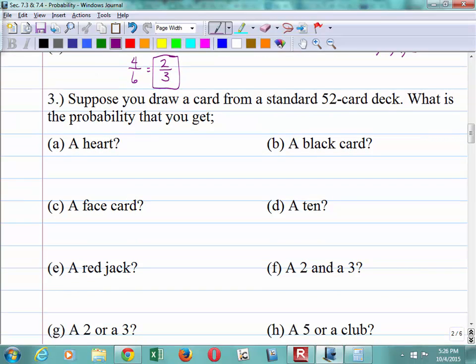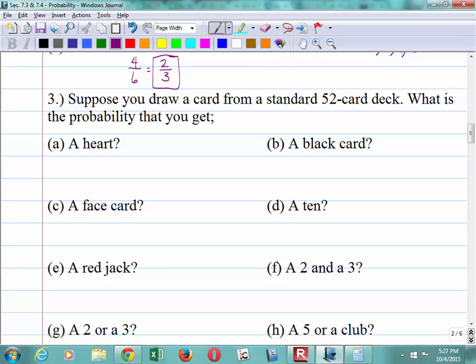Okay, suppose you draw a card from a standard 52 card deck. What is the probability that you would get a heart? Well, the deck of cards is split into 4 suits. So if you're not familiar with the basics of a deck of cards, you might want to Google that just to get the basic information if you need it. But I can tell you that there's 4 suits, one of which is hearts.